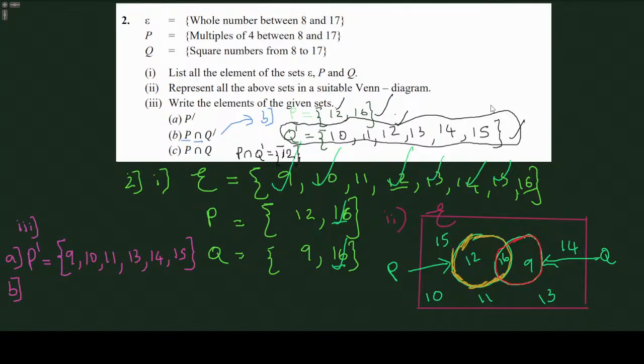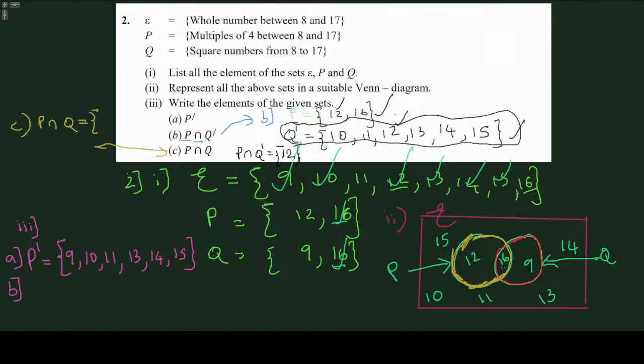Right, let's look at question C now. P intersection Q, quite easy. What is P intersection Q? The items which are common to the sets P and Q. You can simply get that by looking at the diagram. So the items common to the sets P and Q are going to be at the place where the two circles intersect.